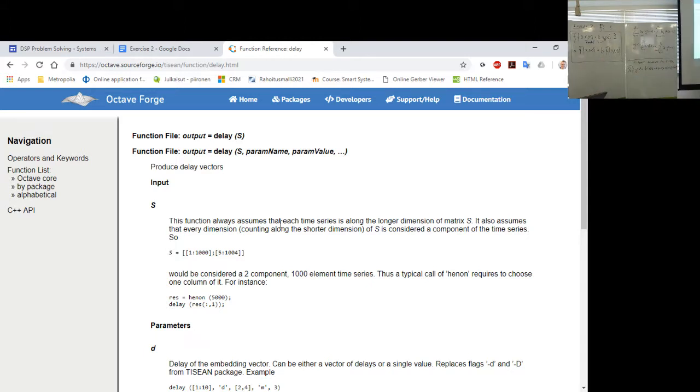Produce delay vectors. I don't think so. I have no idea what the person has been writing here.